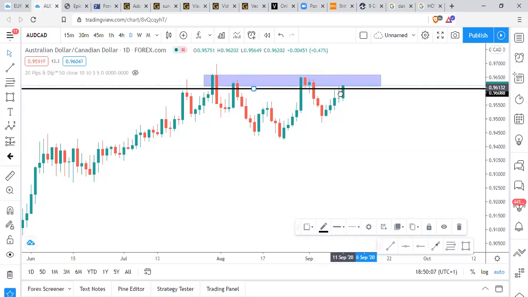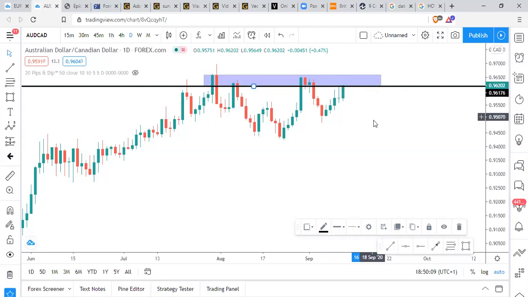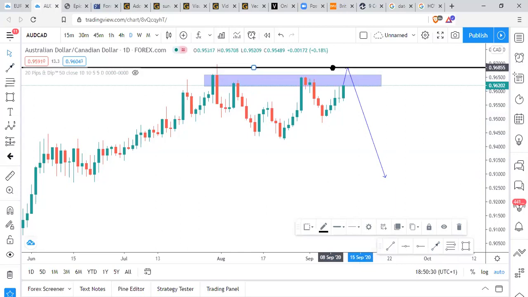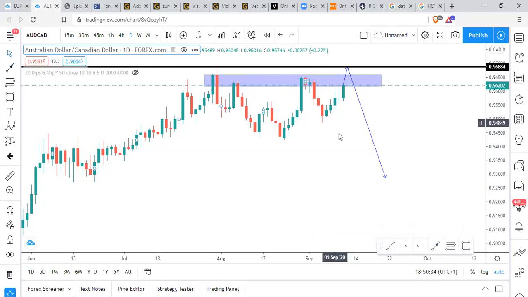Market is still at this point, but I want to sell this market once it goes up to this point. I want to sell from here down. So instead of using market execution, I'll use what I call sell limit.